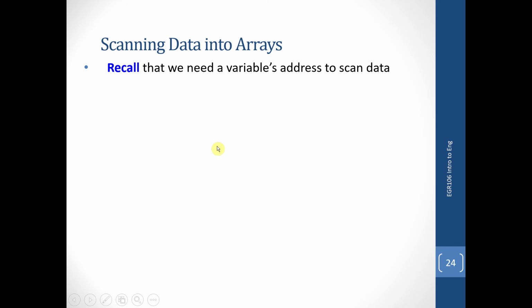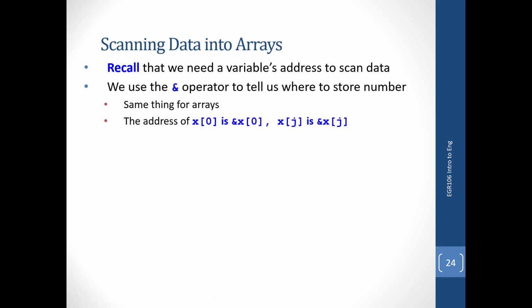Now, like I said earlier, a lot of the time with arrays, we're actually going to scan the data in. So let's look at a couple different ways to do this. When we scan data in, if we're scanning it into a specific variable, like one element of an array, we're always going to use ampersand, because the ampersand indicates this is just one variable.